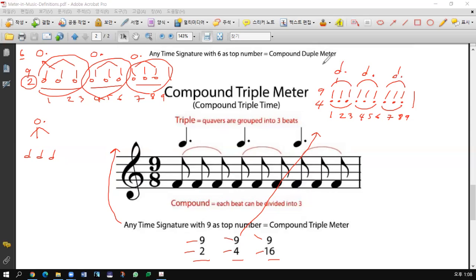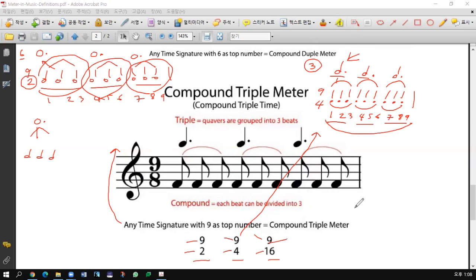Because a dotted half note is 3 beats. So 9 quarter notes are grouped into 3 dotted half notes. And a dotted half note can be divided into 3 quarter notes, right?